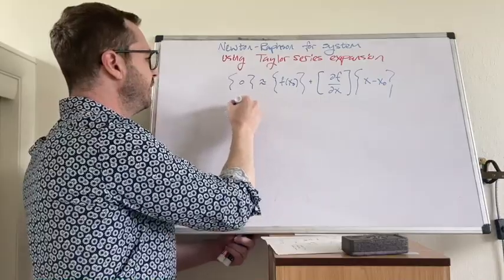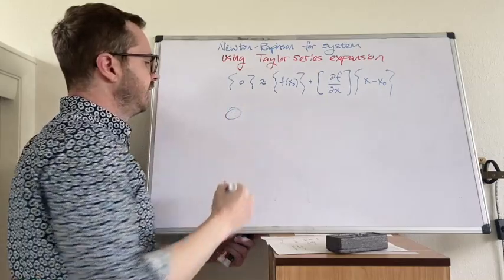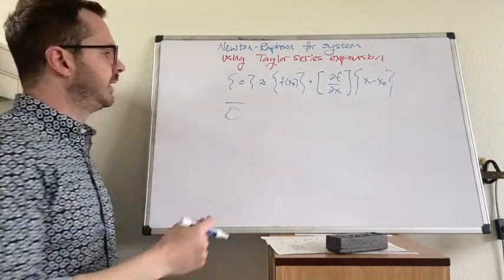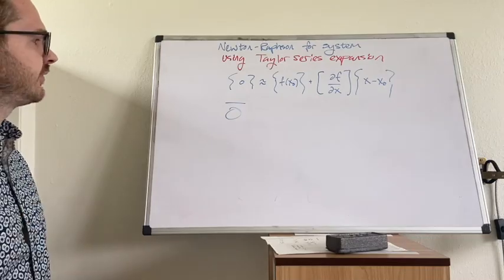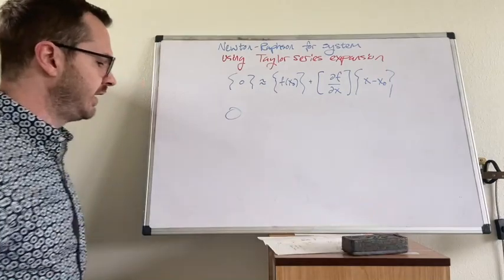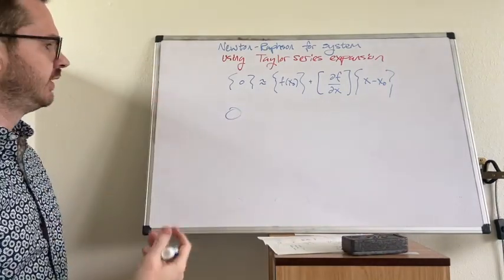And if you wanted to, you could, in your notes, also put a bar over this to denote that it's a vector. I get tired of using bars. So I'm just going to write it as 0, remembering that this 0 represents a whole vector of zeros.